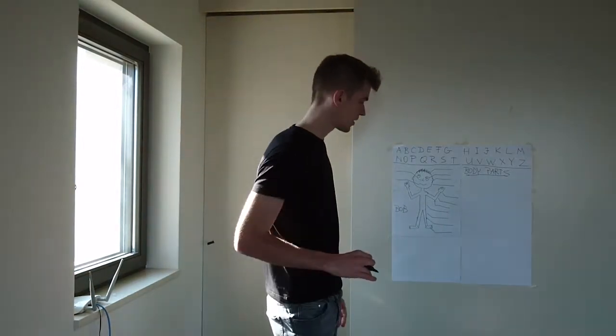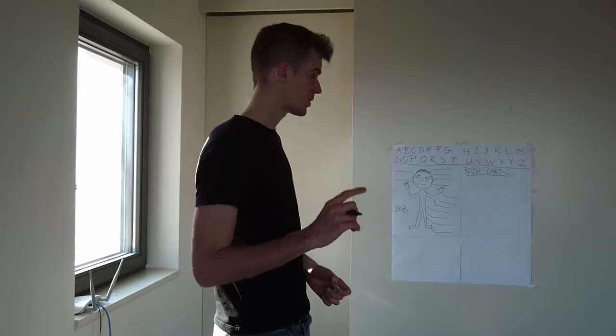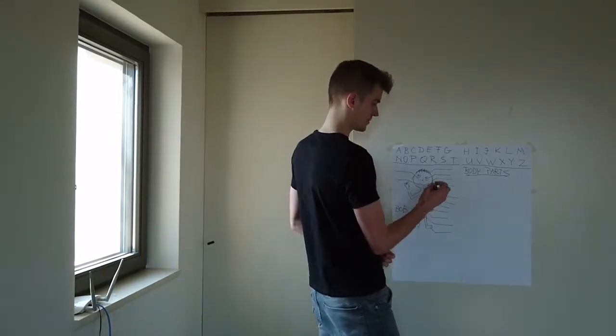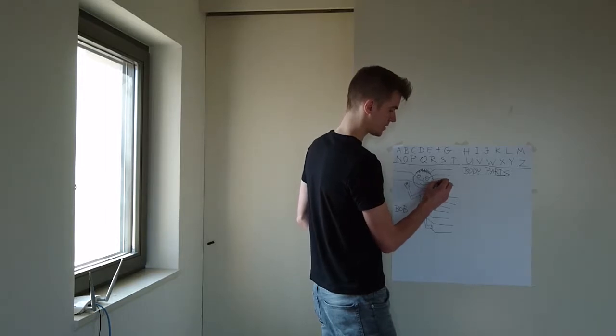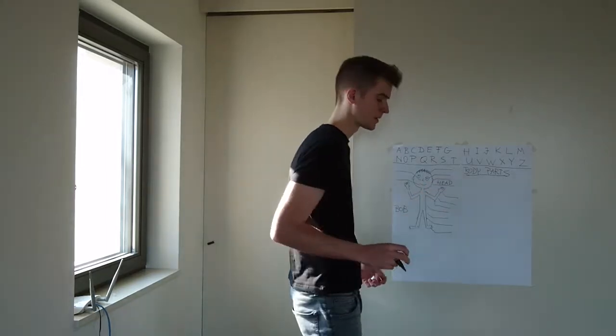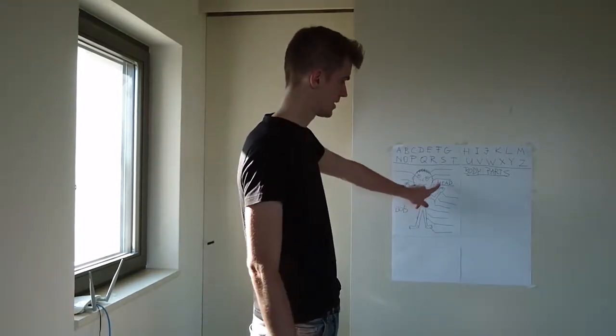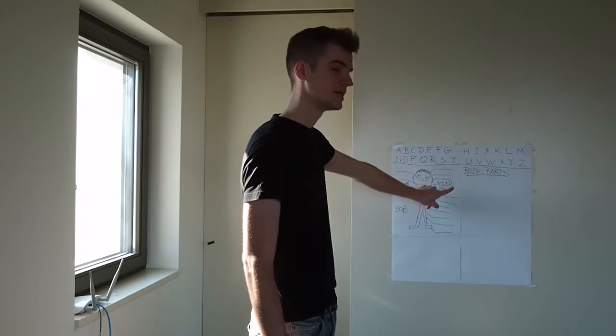Okay? So, how was this song that we were singing? The first one was head, right? This is the head. So head is written this way. How do we spell head? H-E-A-D.